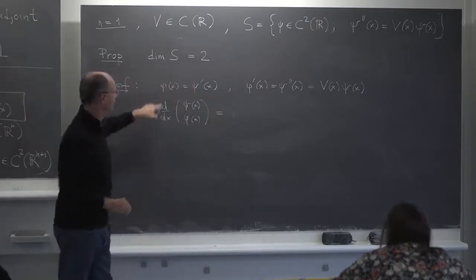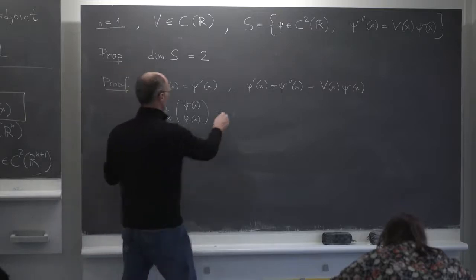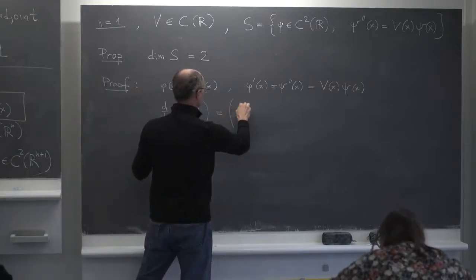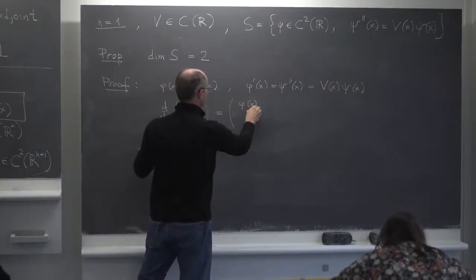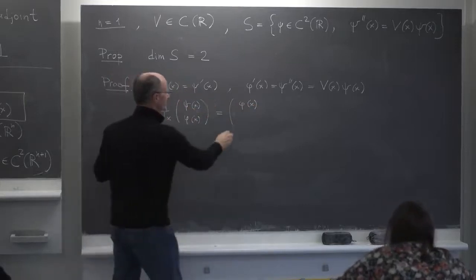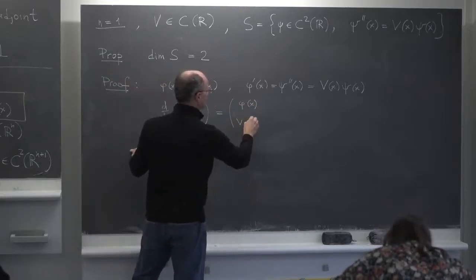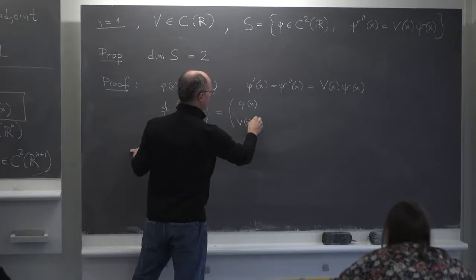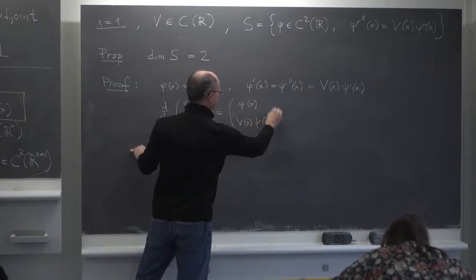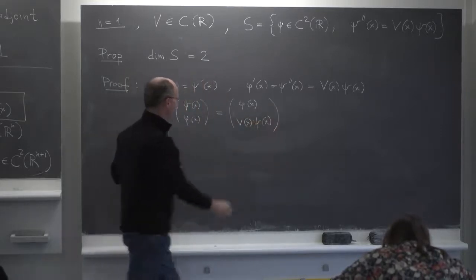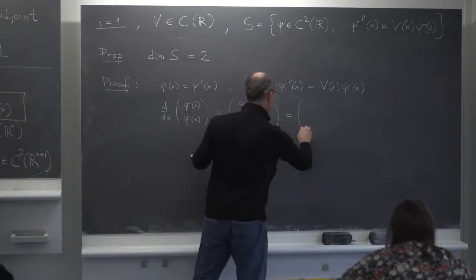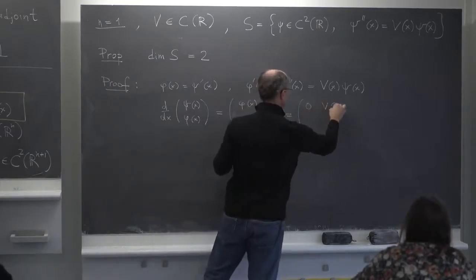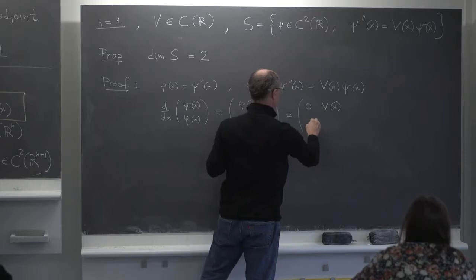Well, what do these equations say? So the derivative of psi is phi, and the derivative of phi is v of x psi of x. And I can also write it in the following way.